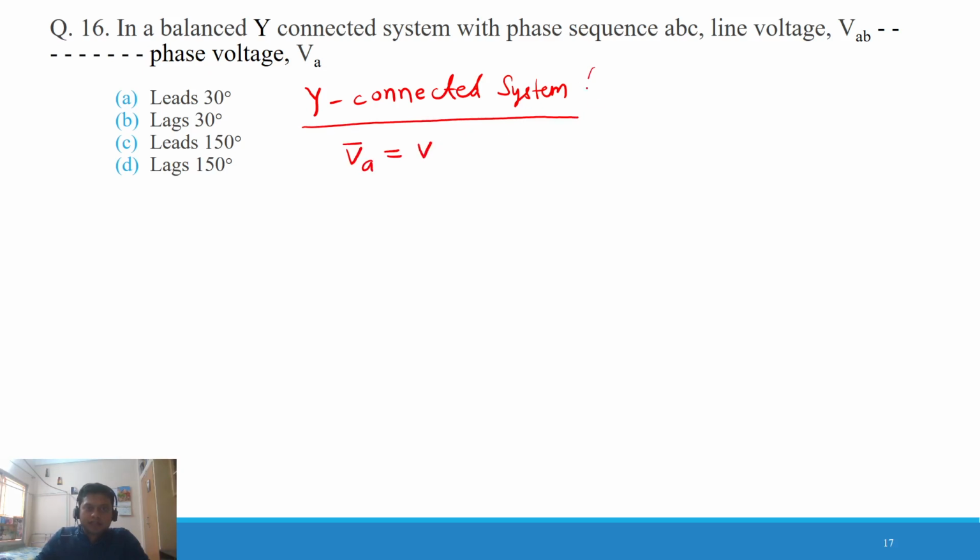A star connected system, balanced. So all phase voltage magnitudes are equal.